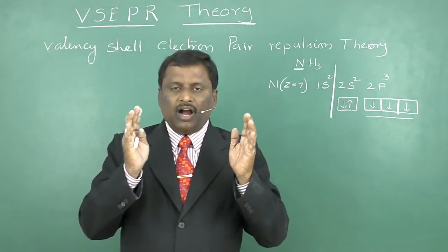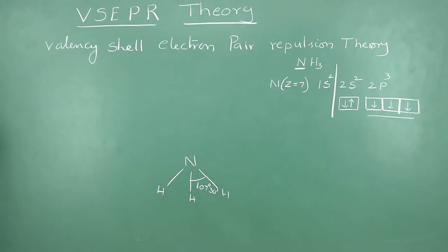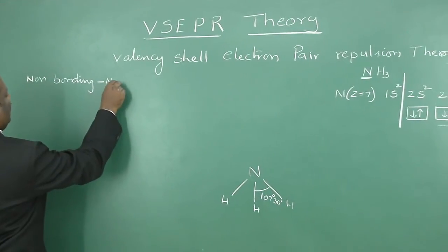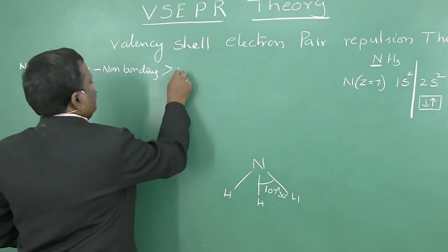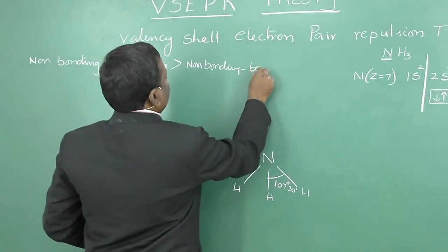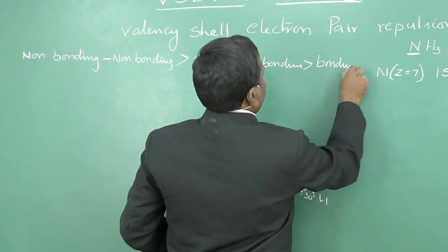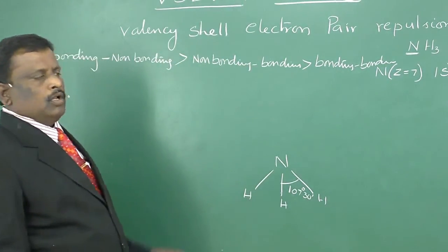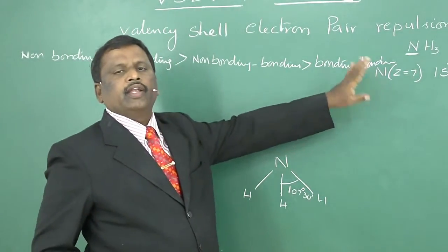The order is: non-bonding–non-bonding repulsion is greater than non-bonding–bonding, which is greater than bonding–bonding repulsion.